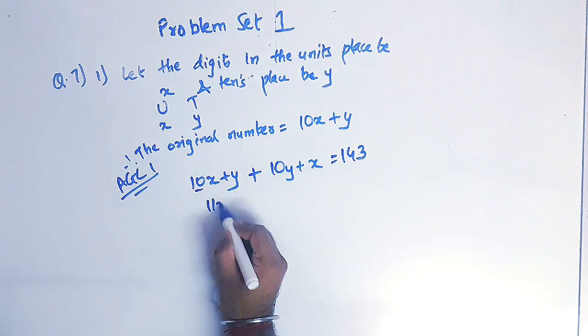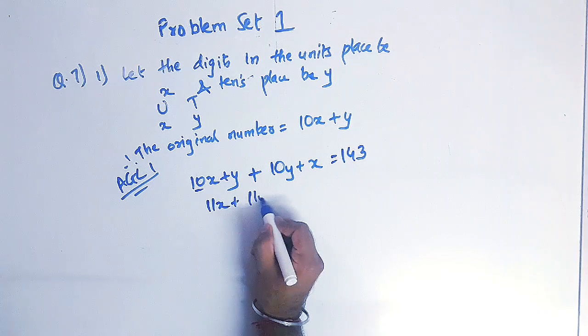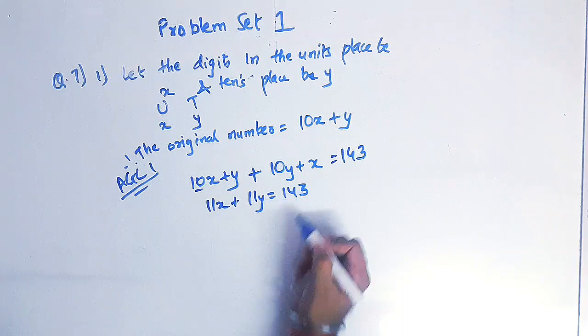So we can solve this. 10x plus x is 11x, 10y plus y is 11y, equals 143.